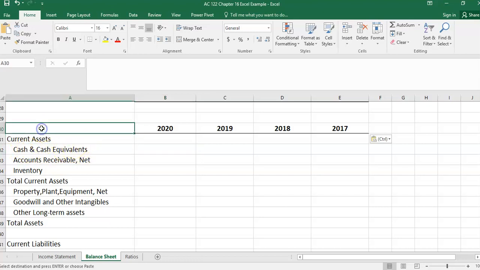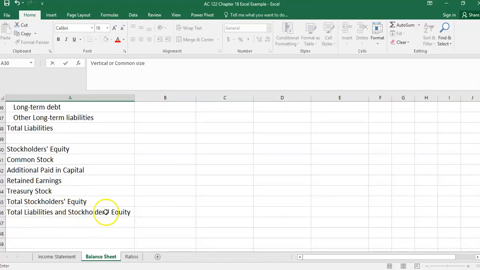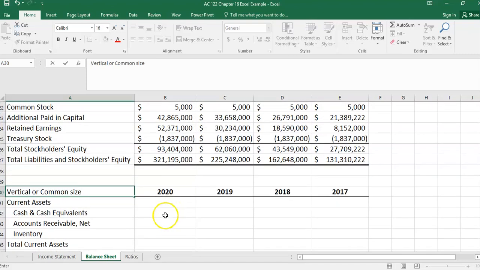On a balance sheet, we want everything to be shown as a percentage of total assets. So total assets will be our 100%. That's what we're going to divide everything by. That will make total liabilities and stockholders' equity also 100% because we know that they have to equal each other in a completed balance sheet.